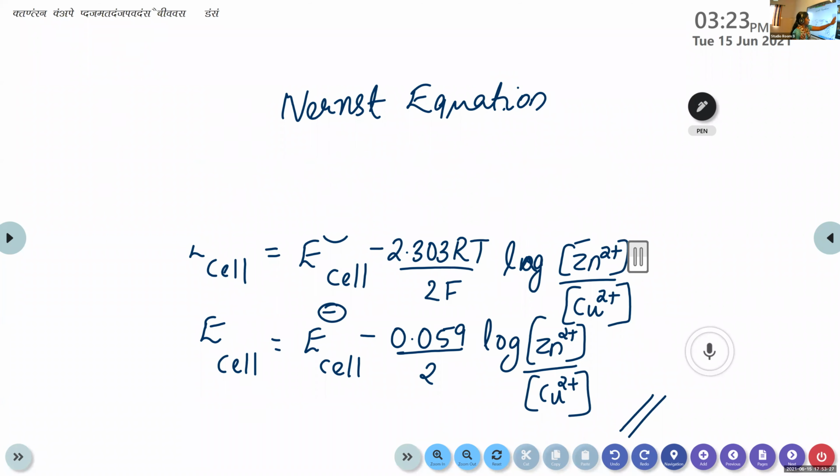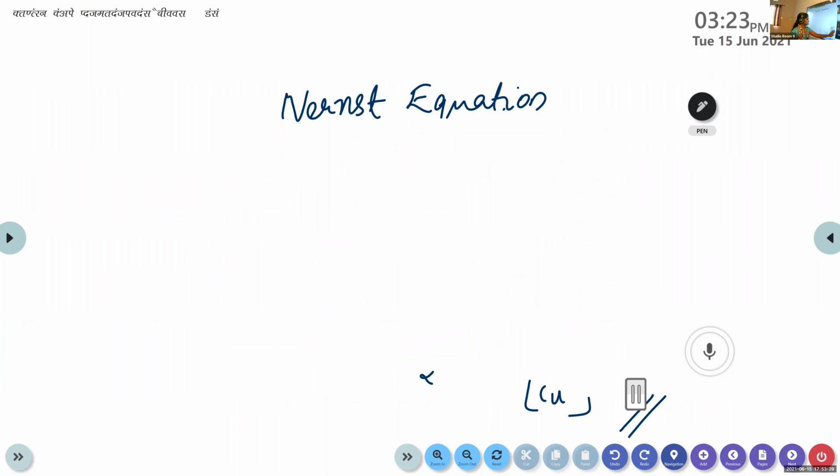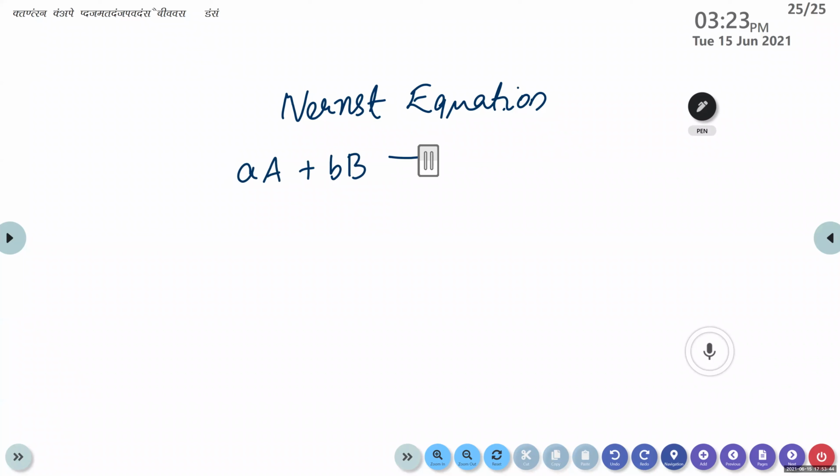Then we can write the general equation. We can find the general Nernst equation for any chemical reaction. Before that, you have to write the chemical equation. aA plus bB gives cC plus dD. You can write this as the general equation for chemical reactions.